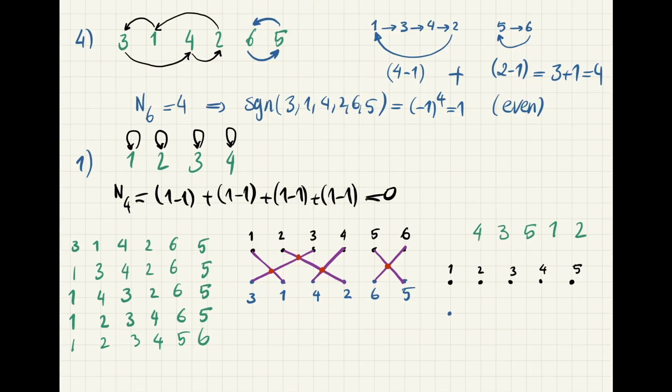So it is 1, 2, 3, 4, and 5. But I give the names in this order. So the first one is 4, 3, 5, 1, and 2. Then I will start connecting them. So 1 to 1. Sometimes it is actually not that easy to draw these diagrams very carefully with hands, so you will see it here.